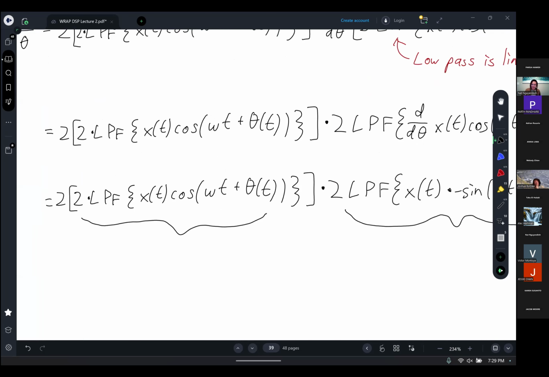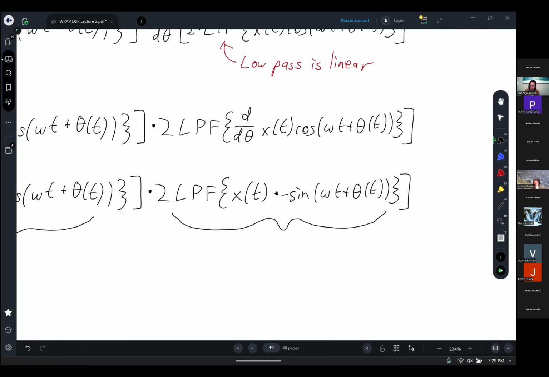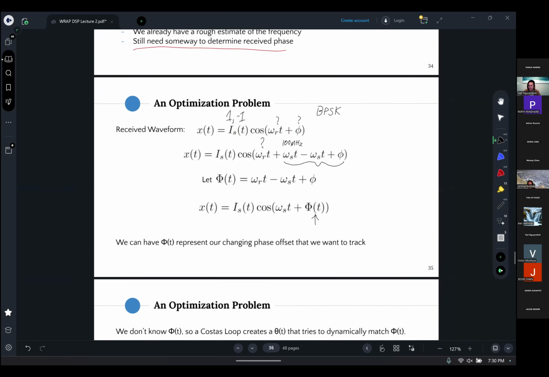But yeah, so let's just look at this. I have 2 times the low pass filter of x of t times cosine of something. And then this, which is just 2 times the x of t negative sine, and then that.